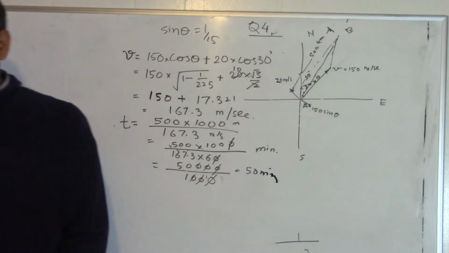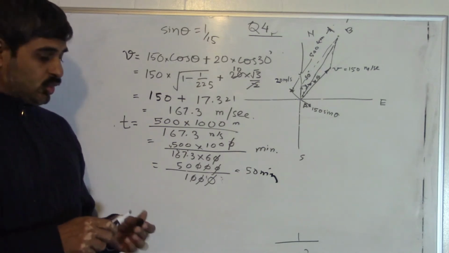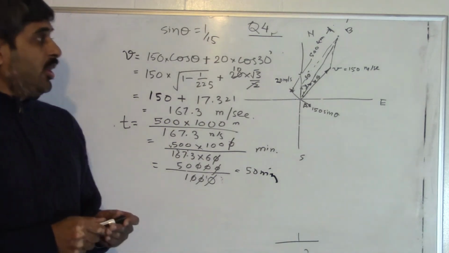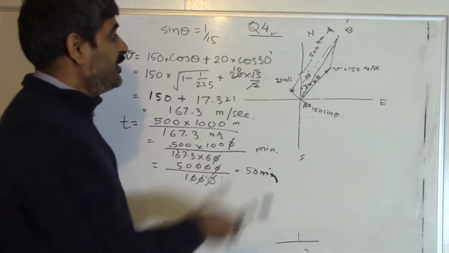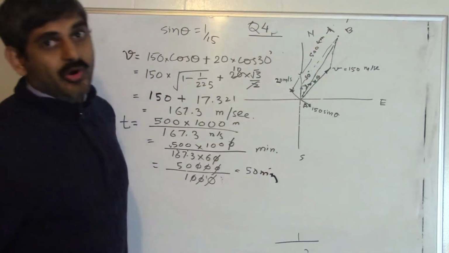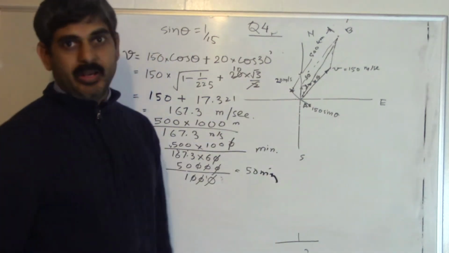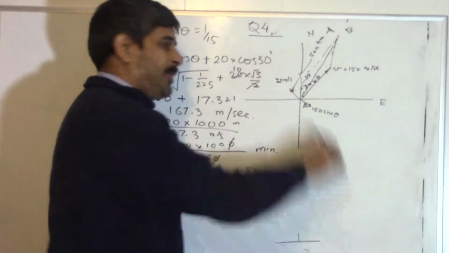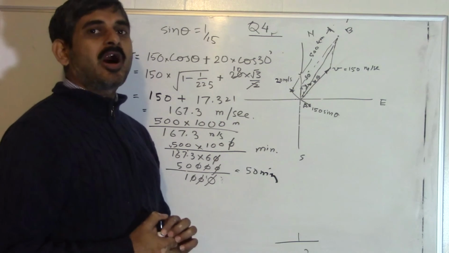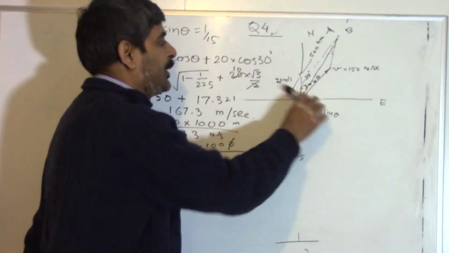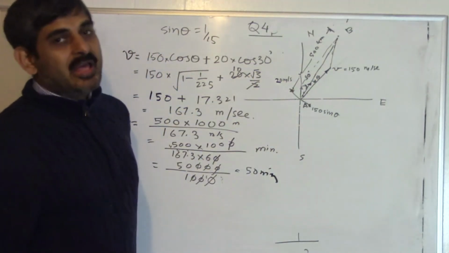So the key to this problem was, if we want something to move in a desired direction, we want to make sure that it does not have any resultant component in the perpendicular. The net velocity component in the direction perpendicular to the desired motion has to be 0.